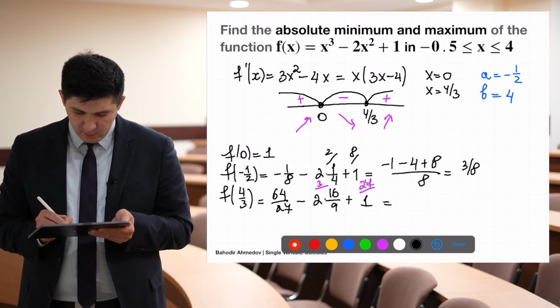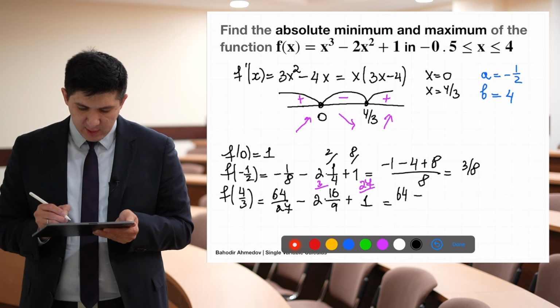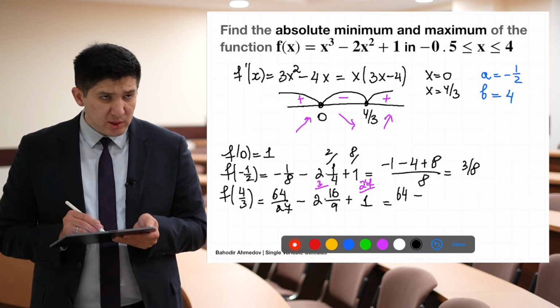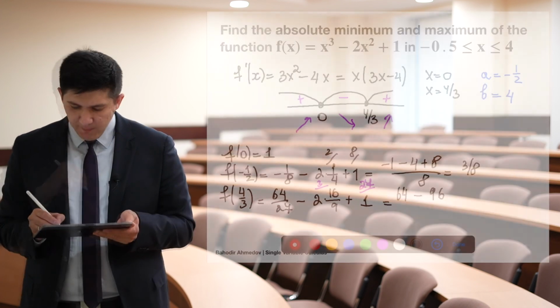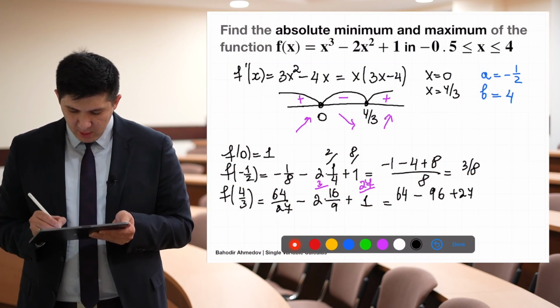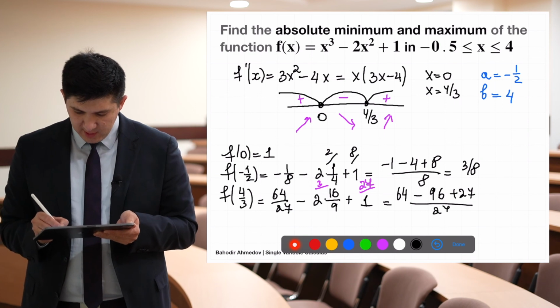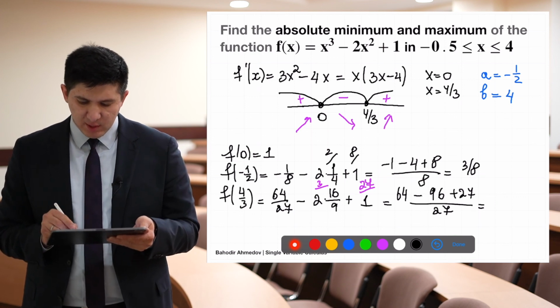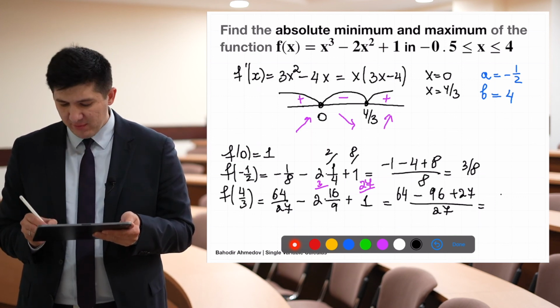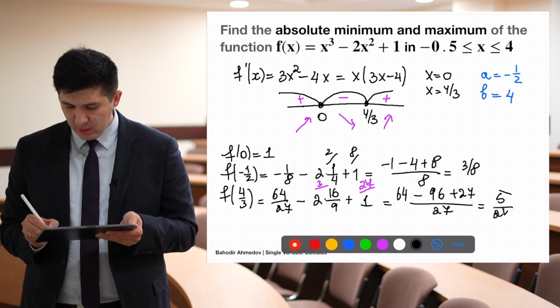So it's going to be 64 minus 32 times 3, which is 96, right, plus 36 plus 27, divided by 27. So this is going to be 5 over 27.